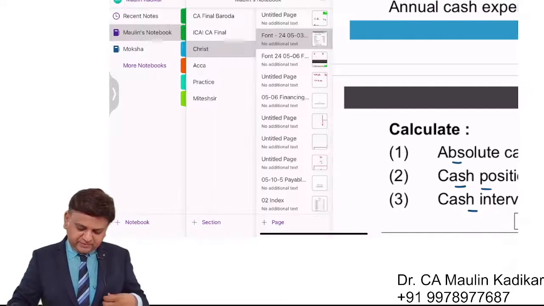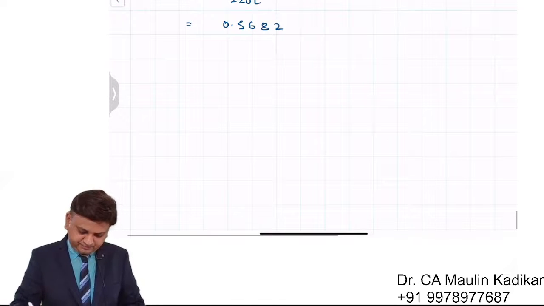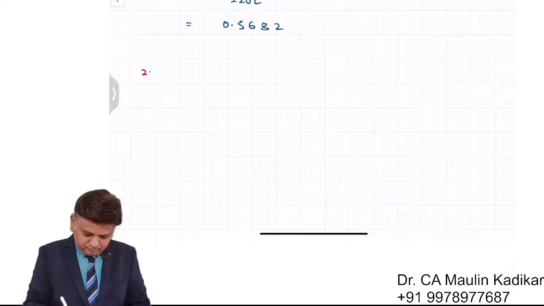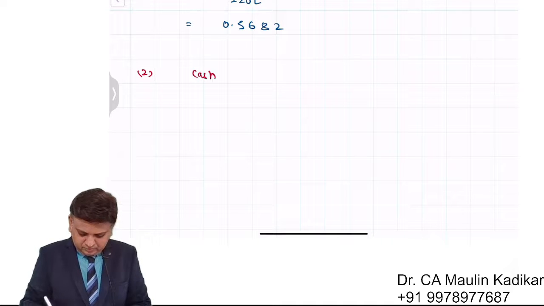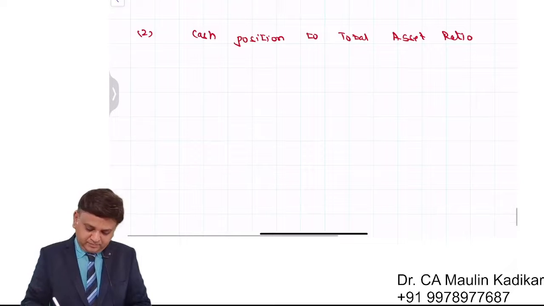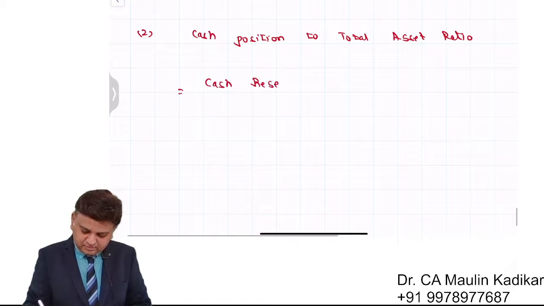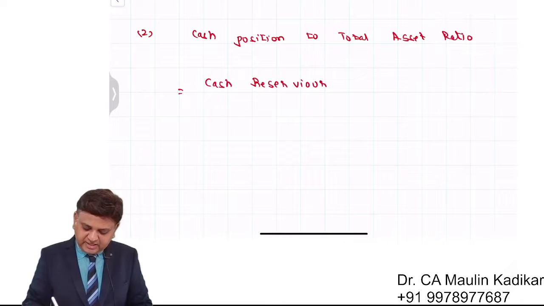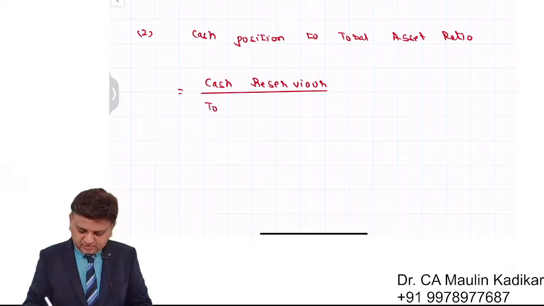The second part of the question can be answered like this. Cash position to total assets ratio. In the breakdown, cash reserve divided by TA. TA stands for total assets.